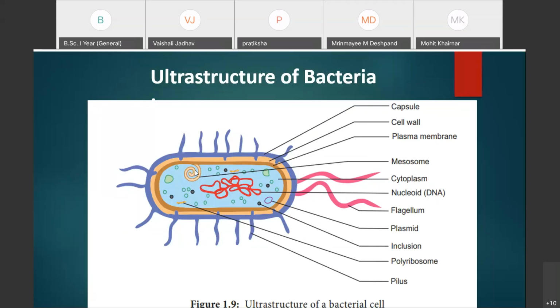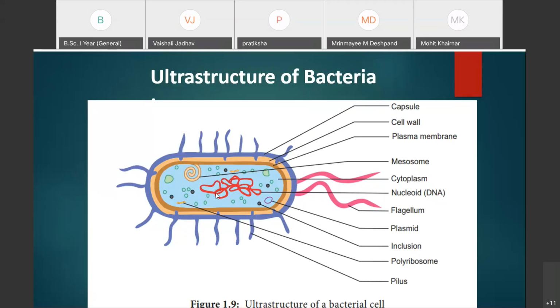Then we also discussed the structure of the genetic material. The genetic material present may be double stranded or single stranded DNA. The region where the nucleic acid is present is called the nucleoid or the genophore.